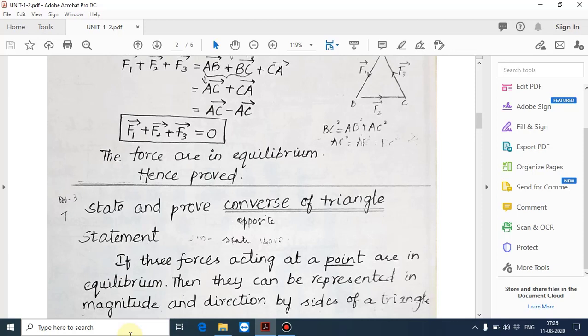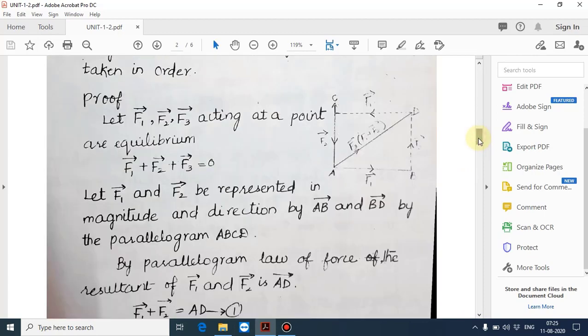Here we are assuming that as the first one. You see the proof. First you see the diagram.